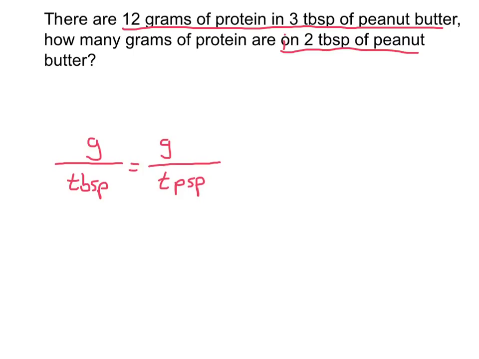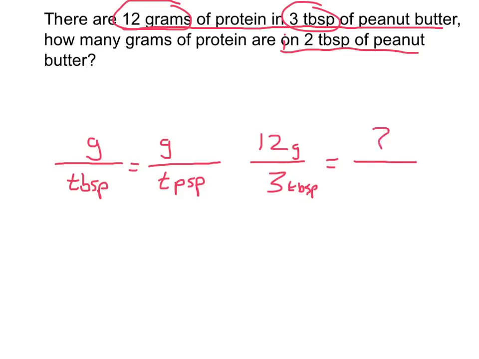So if I build my first ratio, 12 grams to 3 tablespoons, I'd have 12 grams to 3 tablespoons. And I'll just use some units to help us remember what's what. Is equal to how many grams, so this is the part I don't know, that's my question mark, to 2 tablespoons.